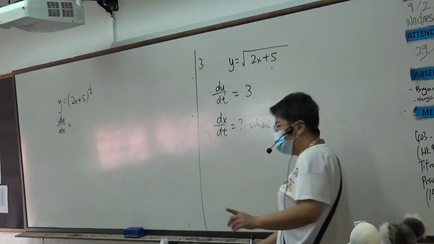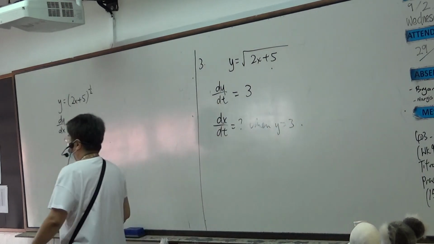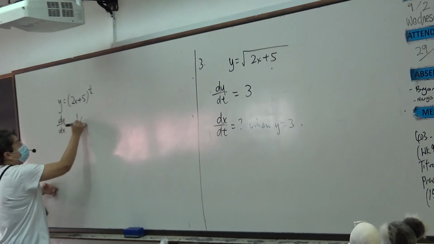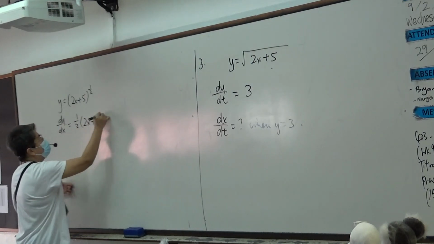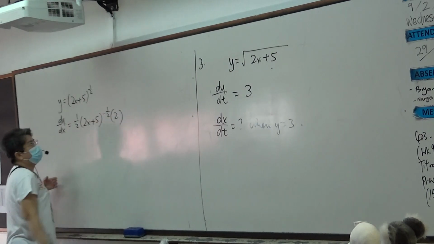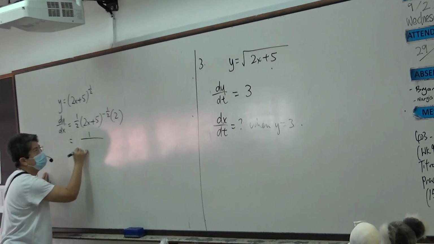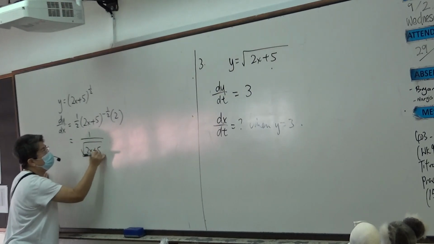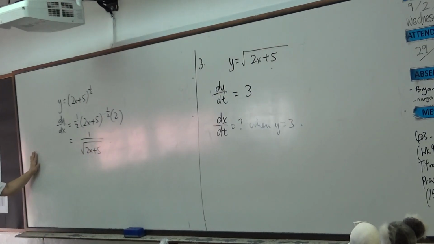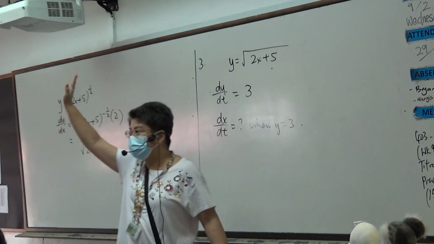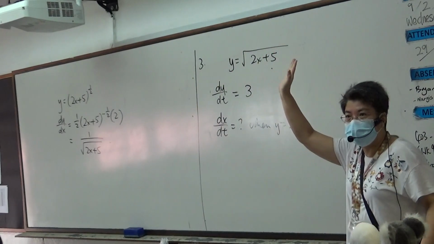I want it simplified, don't just leave it there. Do you get like that? So what's the final one? Correct? 1 over square root of 2x plus 5. Everybody can get? Okay, good.